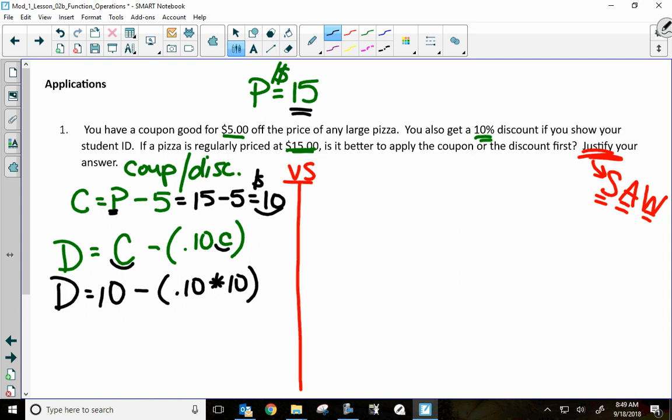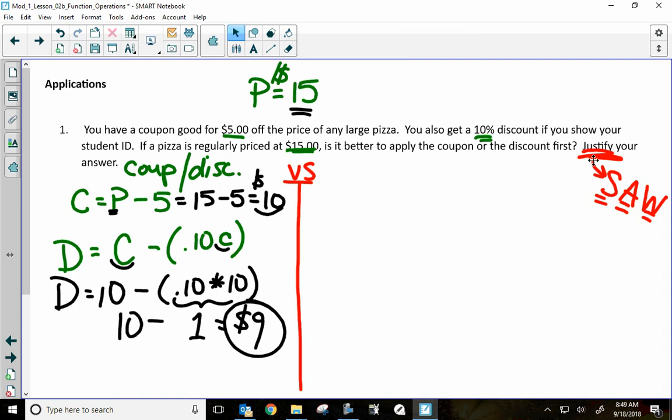I need to subtract 10% of $10 from $10. So if I do this math, that ends up being 1. 10 minus 1, that means I would pay $9 for my pizza if I apply the coupon first, then the discount second. All right? That's one thing I need to do.